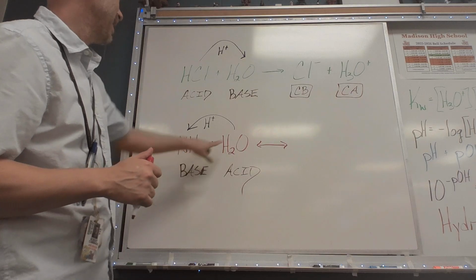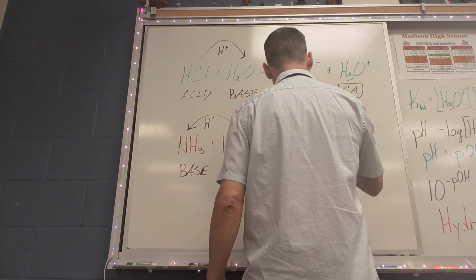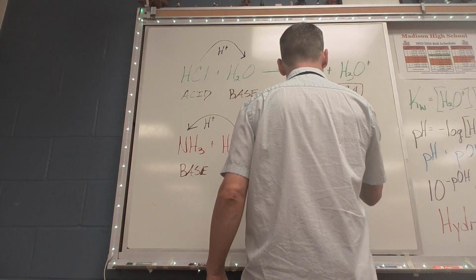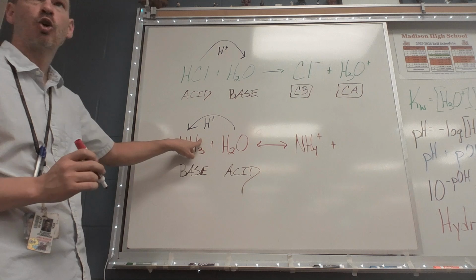Well, let's do the base first. The base is going to accept that H, so instead of being NH3, it'll be NH4. But it'll be positive, because it also got a positive on top of that neutral.